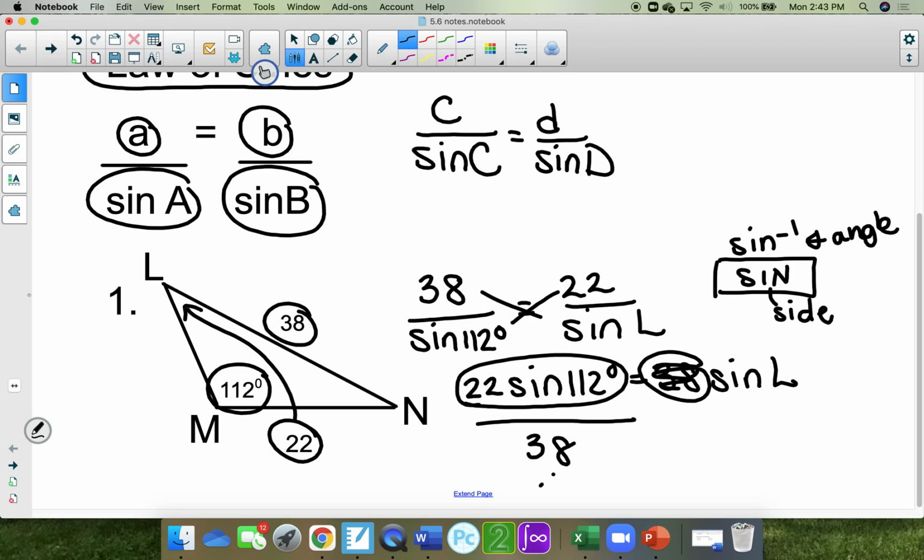This ends up being 0.53679 and so on, which equals the sine of L. Now you have to do the second sine, the inverse sine. It's right above the sine button, and it says answer. So all I did was second, sine, second, answer. And it's going to end up being 32.5 degrees for this.